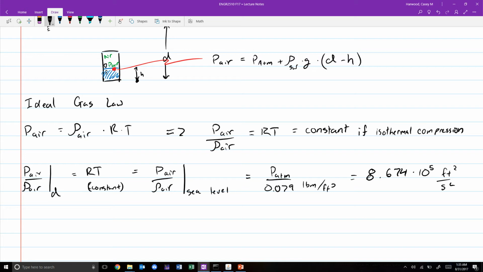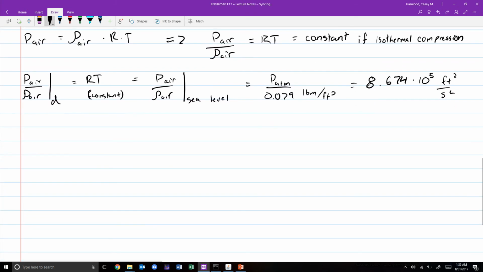Okay, so at this point, what have we accomplished? Well, we've pretty much performed a brain dump of different ways of getting pressure, from hydrostatics, from the ideal gas law, and we plugged in some known expressions here in order to calculate the value of RT.